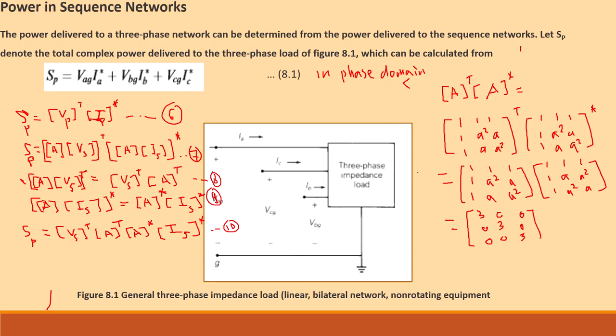This is the result of the multiplication of A transpose multiplied by A conjugate, and it can be written like this: 3 multiplied by the unity matrix, 1, 0, 0, 0, 1, 0, 0, 0, 1. Okay, this is equation number 11.